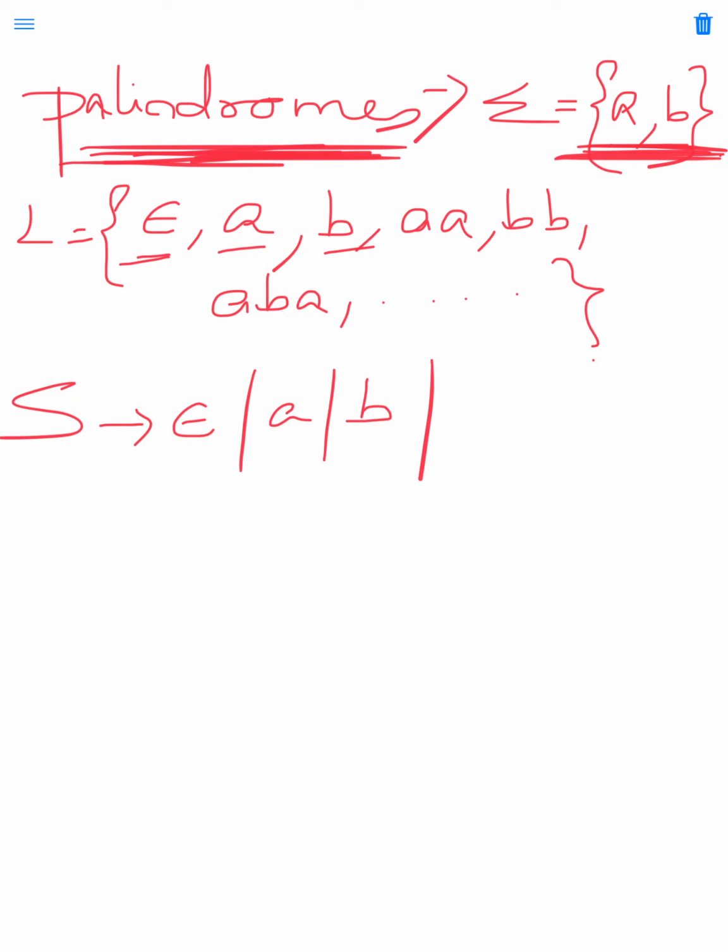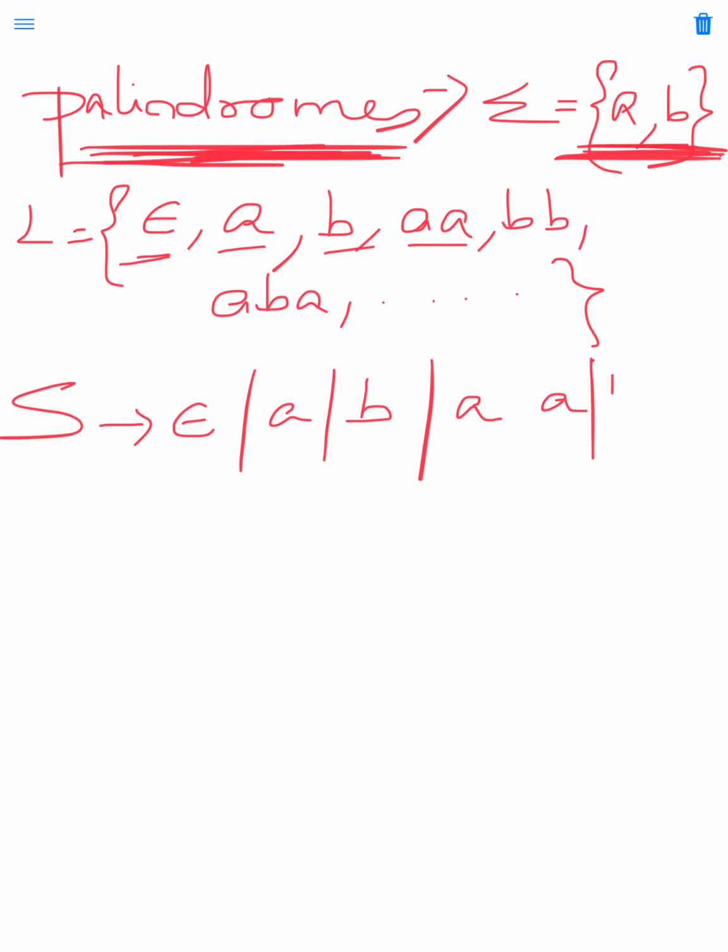Now to monitor this, that is equal number of A's, from the left as well as the right, it reads the same input symbol, isn't it? To monitor that, you have to insert. That is, if I am reading A from the left, it should end with A on the right.